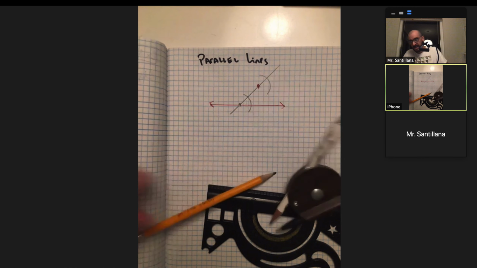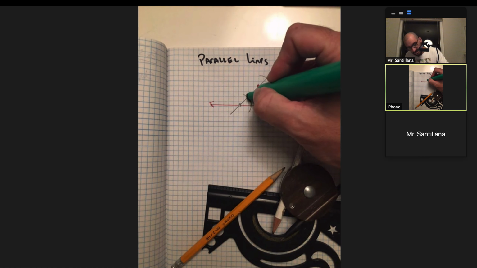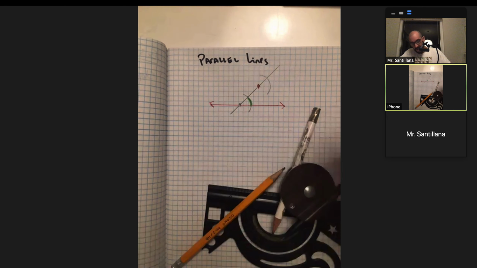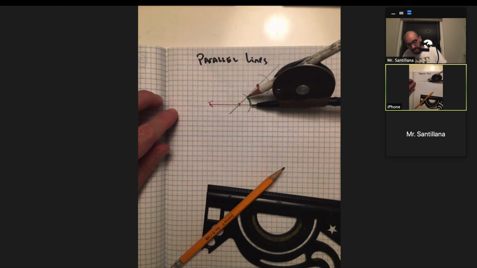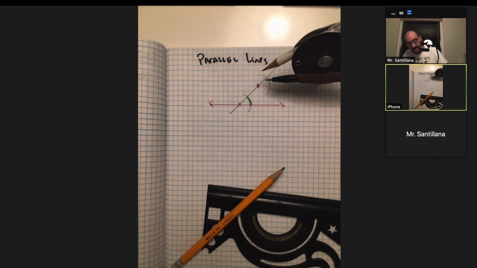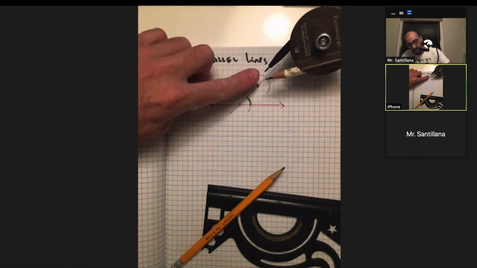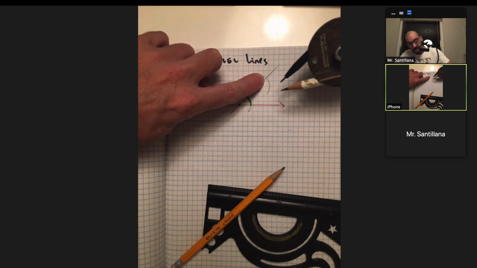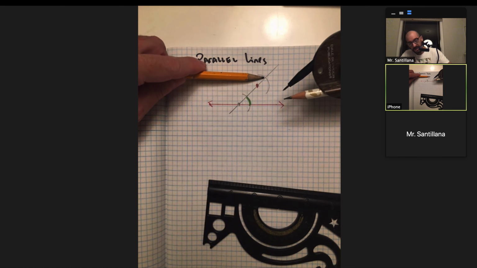I'm going to highlight the distance that I'm measuring, right here in green. That little piece in green is what I am measuring with my compass. I'm going to translate that right up here. With my needle, I'm going to pinpoint that needle at that intersection.